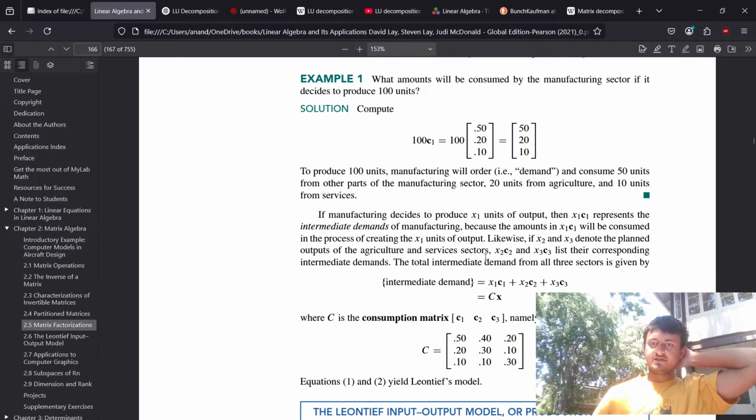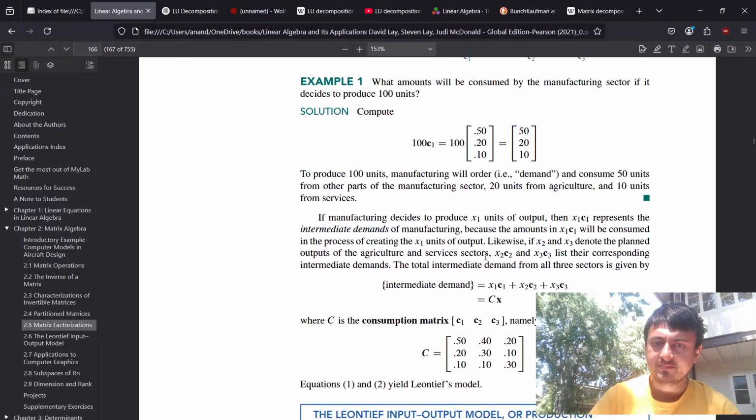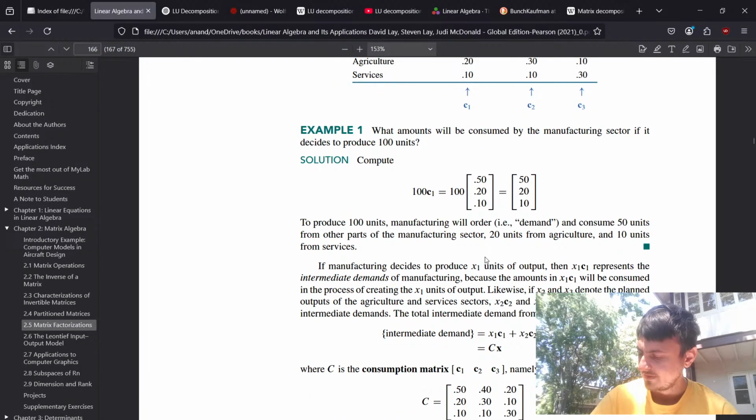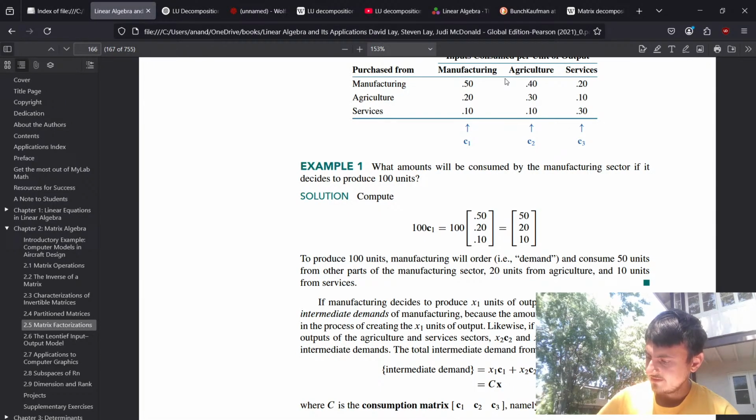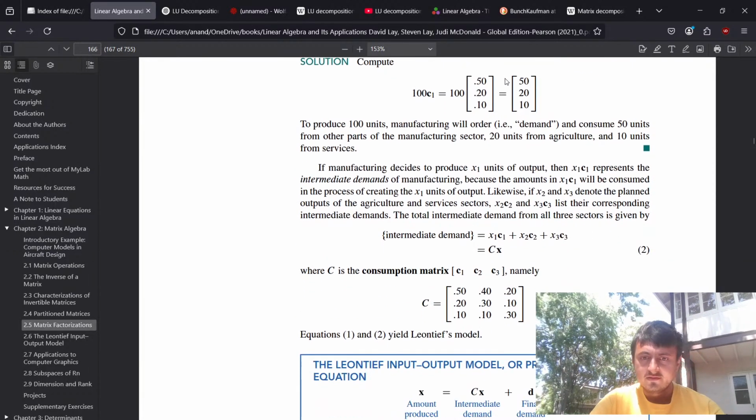Okay, so the intermediate demand is equal to the production vector times this matrix. So the intermediate demand is equal to C times X, where C is the consumption matrix. Okay? So that's cool.